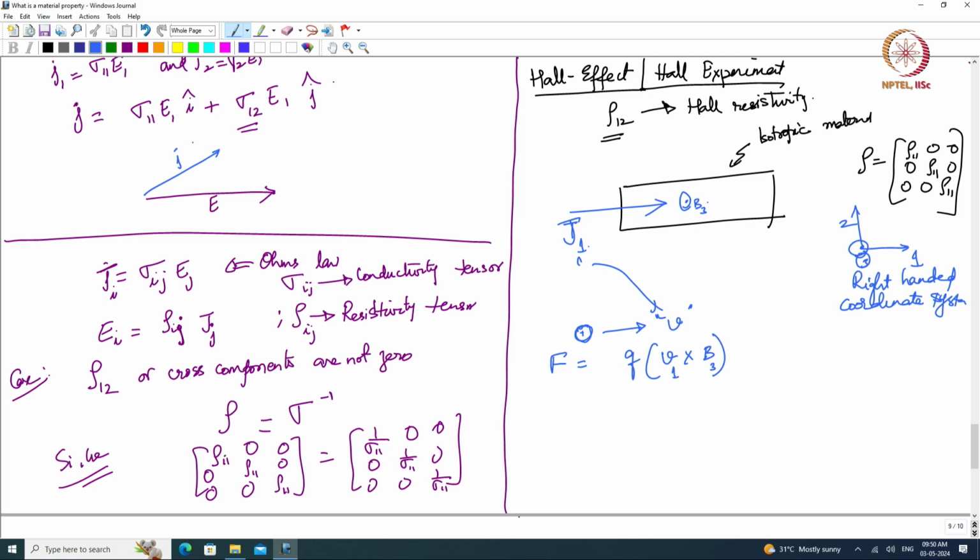So you are doing 1 cross 3, so you should get a minus 2 essentially, right. So the force is pointing in this direction, this is the direction of force.